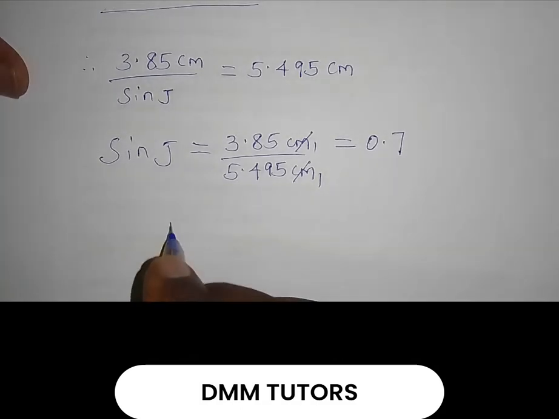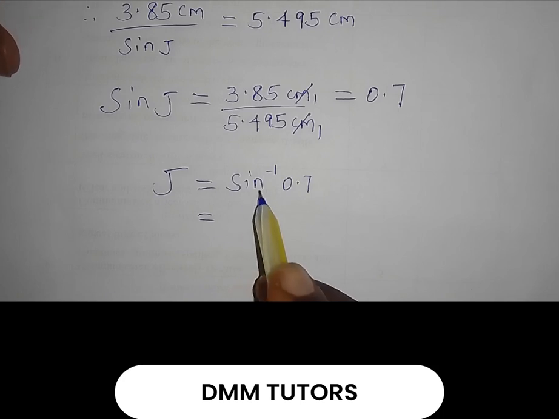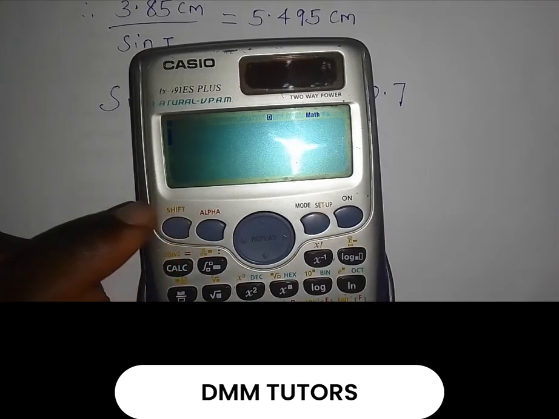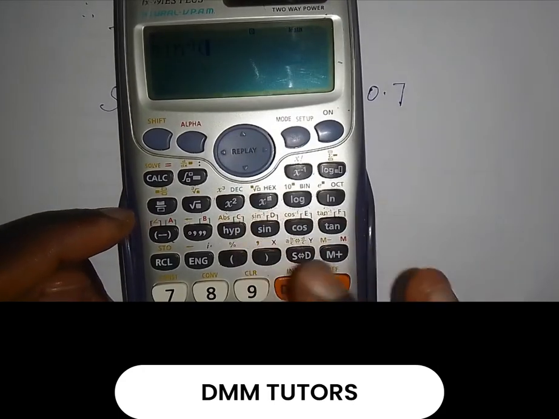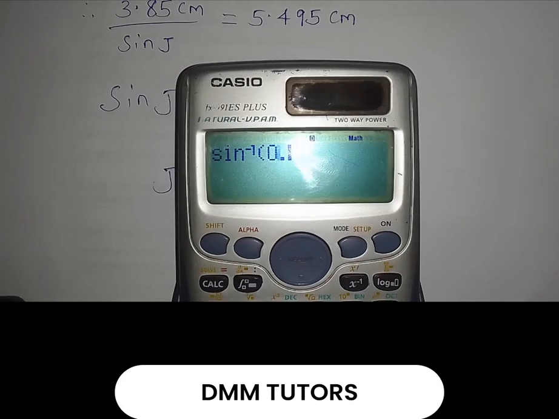So for us to get J, we will be required to find the sine inverse of 0.7, which we find as shift sine 0.7.